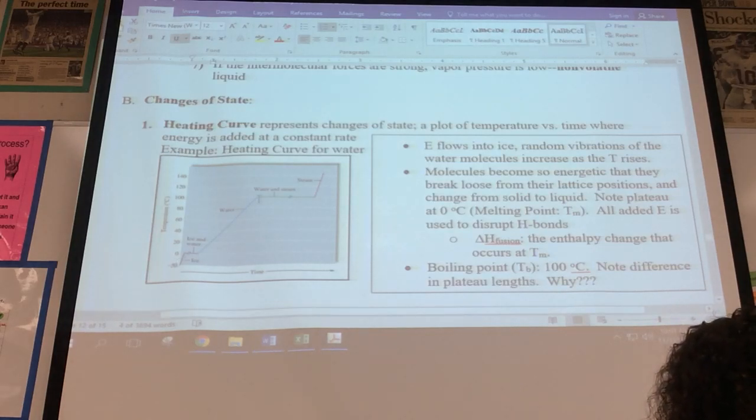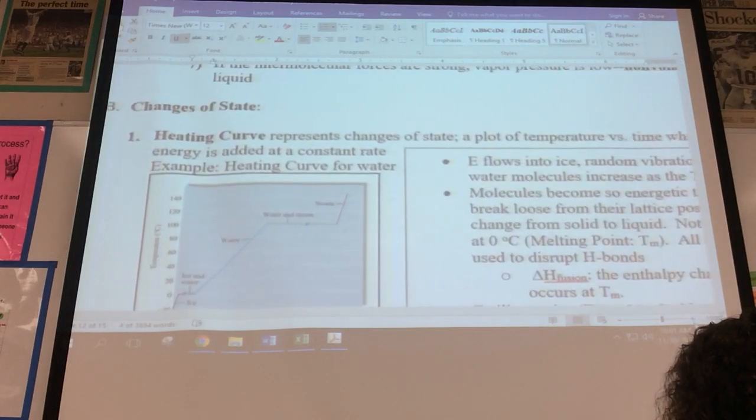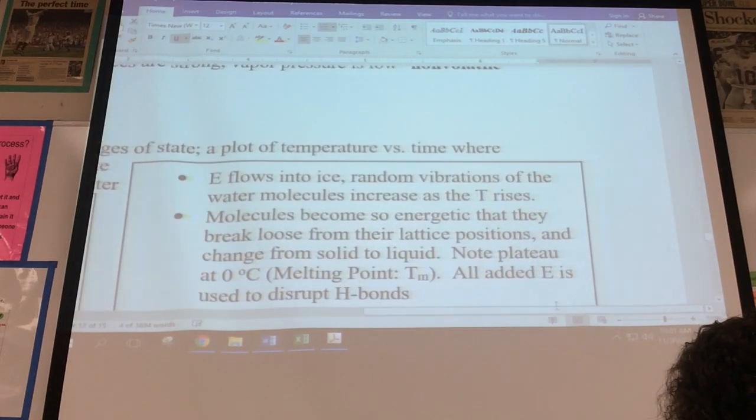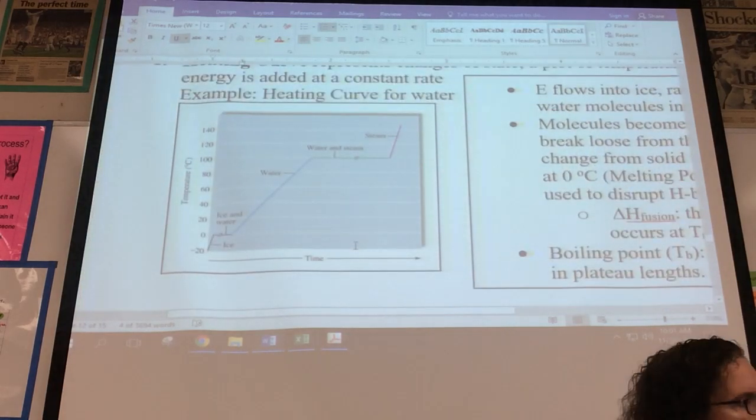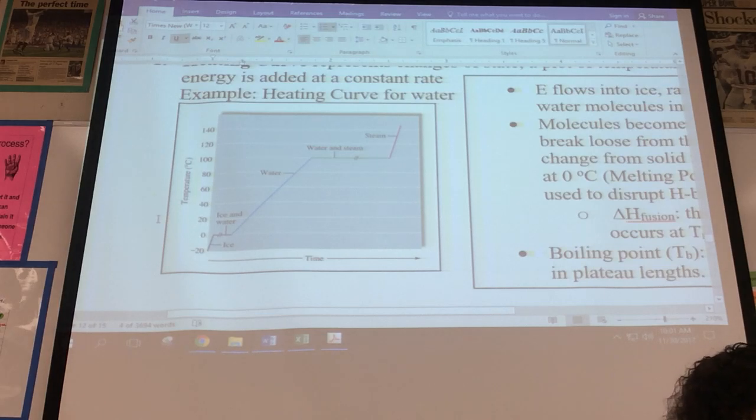And shown here is a heating curve, and you probably generated heating curves before, maybe in middle school. You probably saw it in honors chemistry, or should have. Again, temperature versus time. Here's ice, so that's water in the solid phase. Here's ice and water coexisting, so this is going to represent melting.